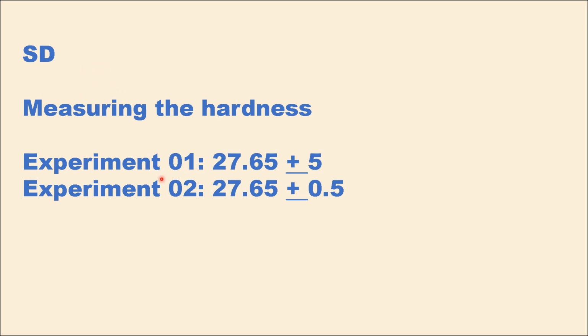For example, just imagine you are doing 2 experiments to measure the hardness of cooked rice, and one shows a hardness value of 27.65 with a standard deviation of plus or minus 5. And another shows 27.65, the same, with an SD of plus or minus 0.5.